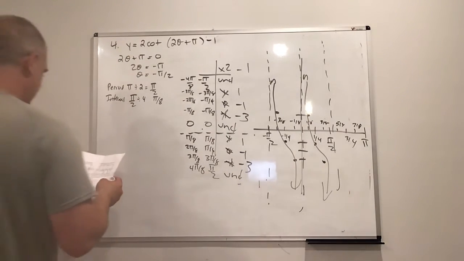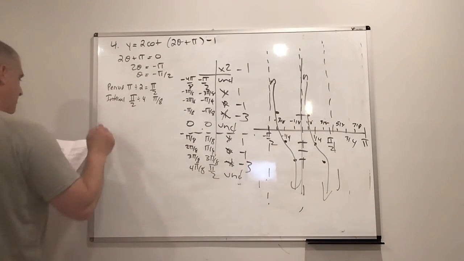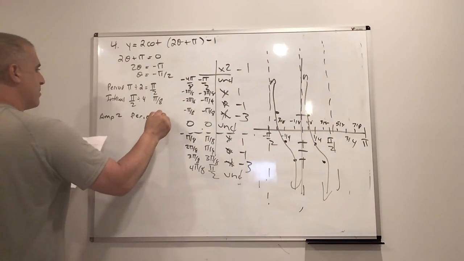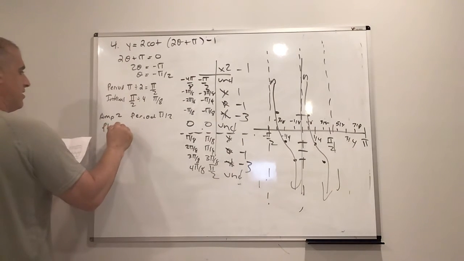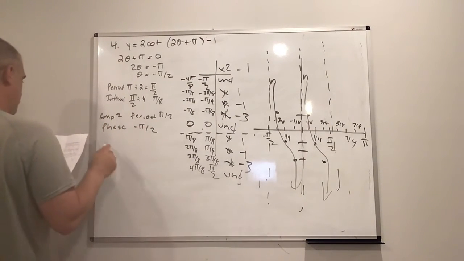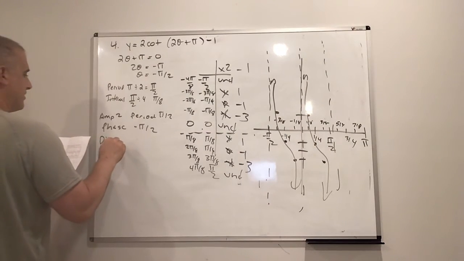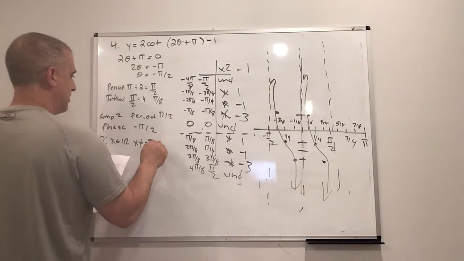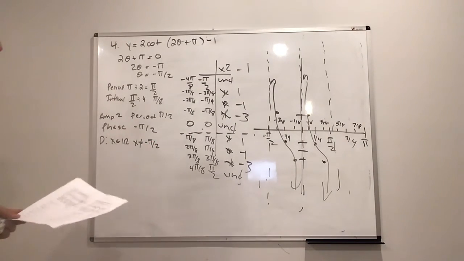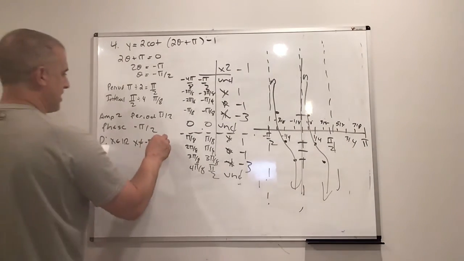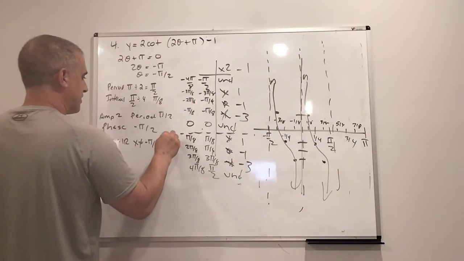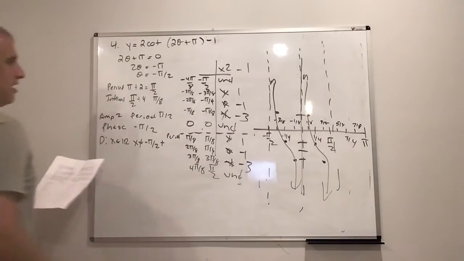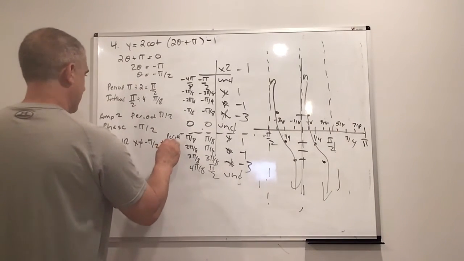Okay, so my amplitude will be 2. My period, which we found already, will be pi over 2. My phase shift is negative pi over 2. My domain is all real numbers except x can't be my first asymptote, and then for cotangent and tangent it's just the period, so plus pi over 2 times n.